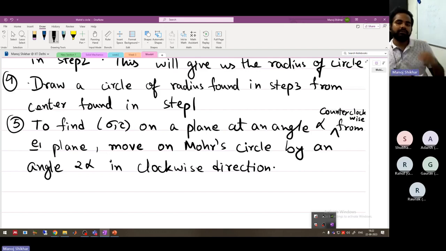Now suppose if the plane was in the clockwise direction at an angle alpha from E1, then in that case we will move by angle 2 alpha in the counterclockwise direction on the Mohr circle.